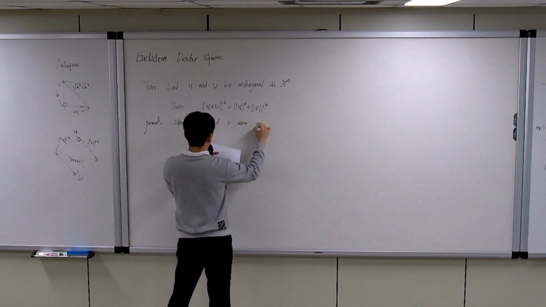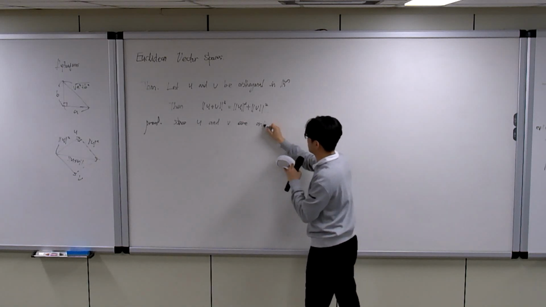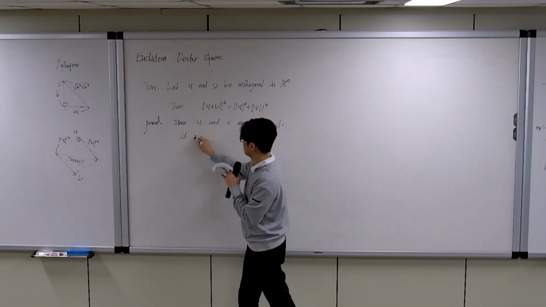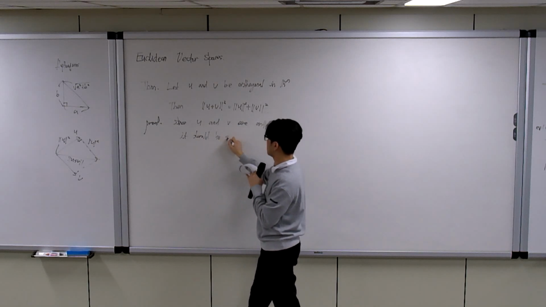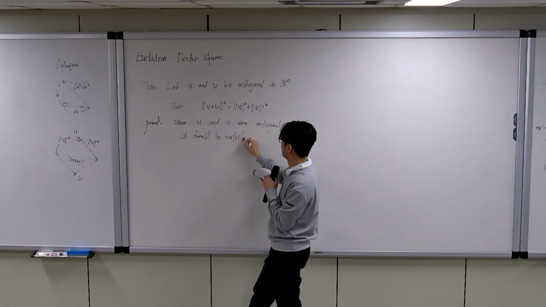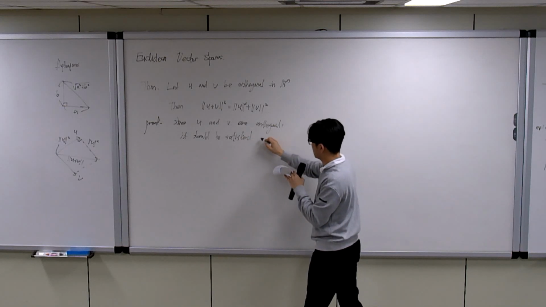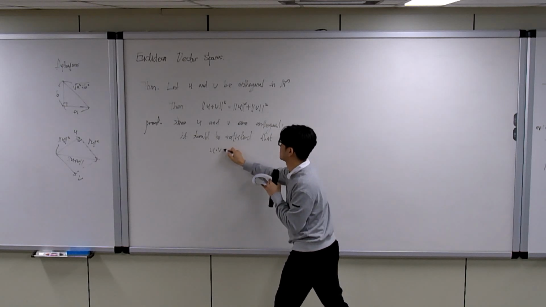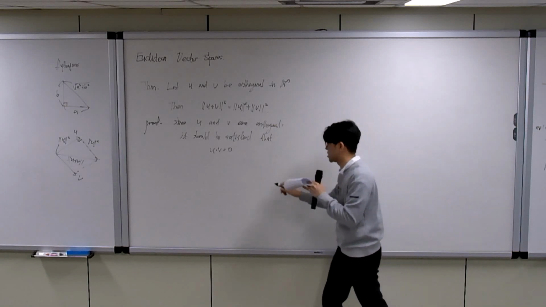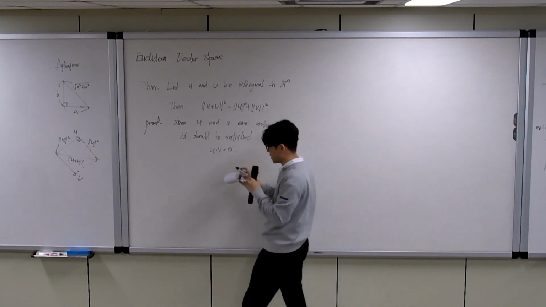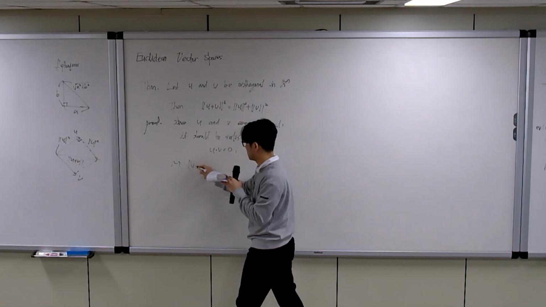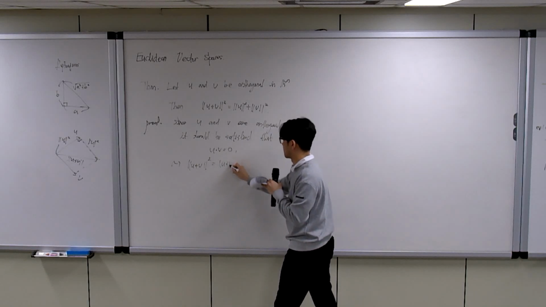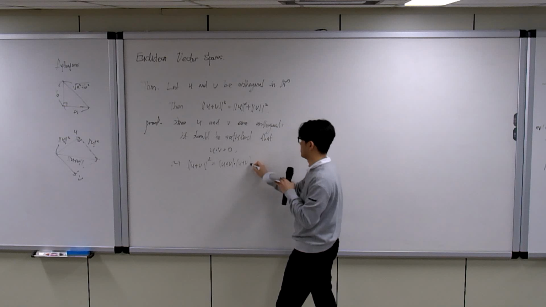Since u and v are orthogonal, it should be satisfied that u dot product v equals 0, as the definition of orthogonal, which follows the calculation of u plus v dot product u plus v.